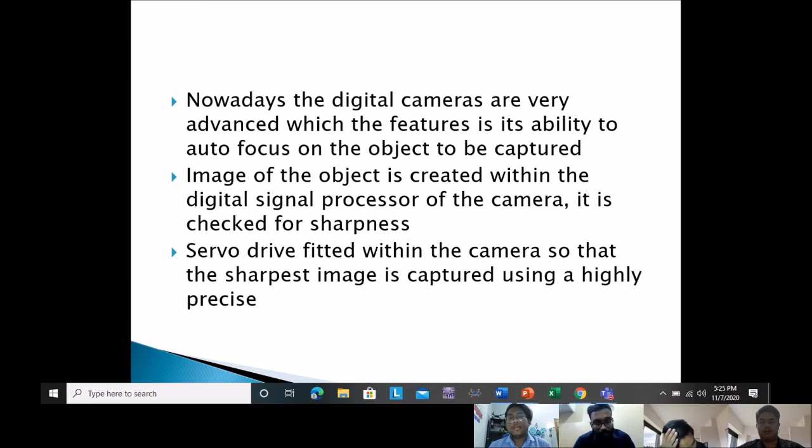The image of the object is created within the digital signal processor of the camera, so the sharpness of the picture will be tracked. The servo drive is fitted in the camera so that the picture will be clearer and very sharp when we capture it. In those days, the picture would be blurry, right? Now we use a servo drive in the camera so that the picture will be very sharp and clear. Okay, next we go to the next application.